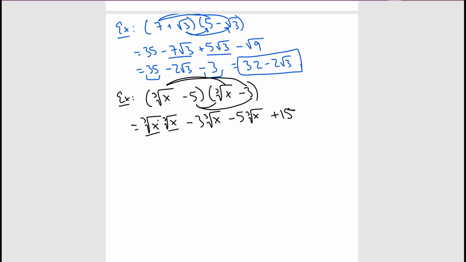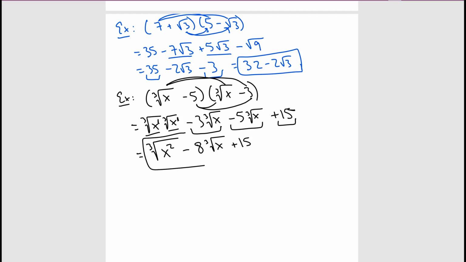You have x to the first power times x to the first power. That's going to give me x to the second power. So I have the cubed root of x squared. Now this portion, negative 3 and then negative 5 is going to give me a negative 8 cubed root of x because those are like terms. Now this one is just going to stay by itself, plus 15.